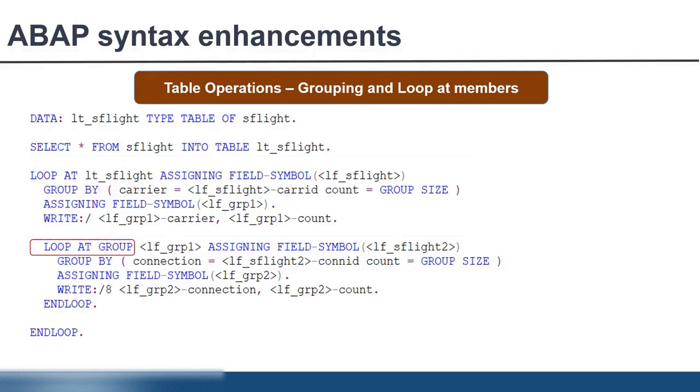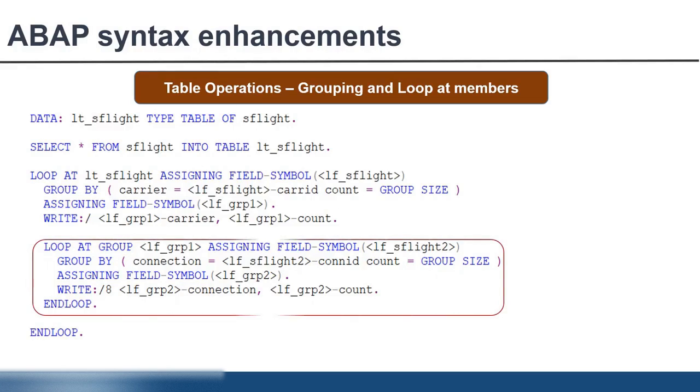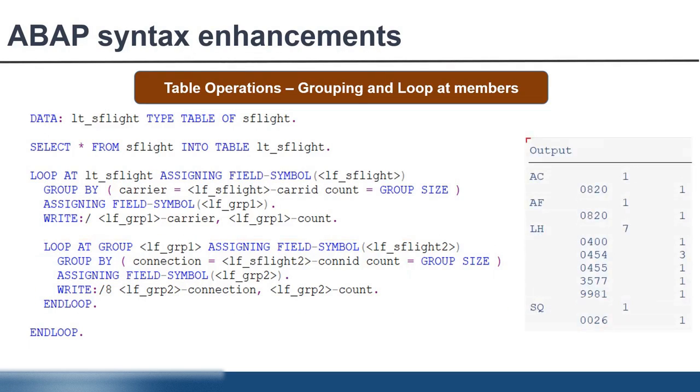The second loop is looping at the group formed earlier, and then it is grouping on connection ID. Finally, the result will show like this, where you can see for each carrier ID, it gives the count, as well as within each carrier ID, another subcount is given for the individual connection ID.